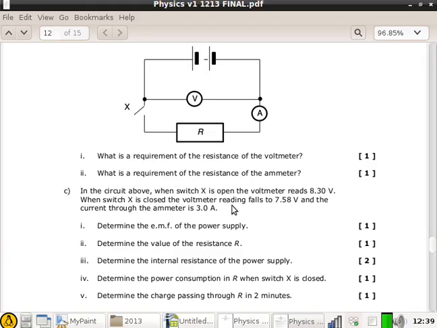Good, okay. I can put the answers up actually. It looks fine.